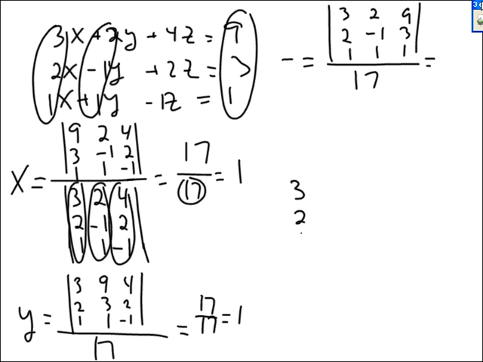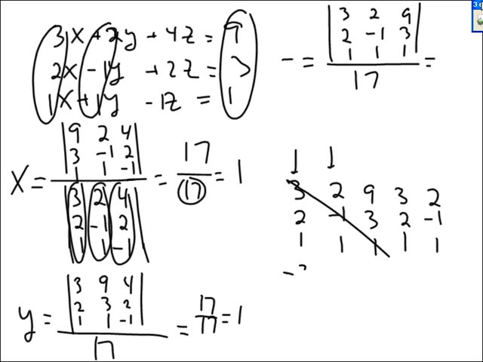3, 2, 1, 2, negative 1, 1, 9, 3, 1. Repeat the first column and then the second column. And tic-tac-toe. Those numbers multiply out to negative 3. These numbers multiply out to 6. These multiply out to 18. Minus negative 9.